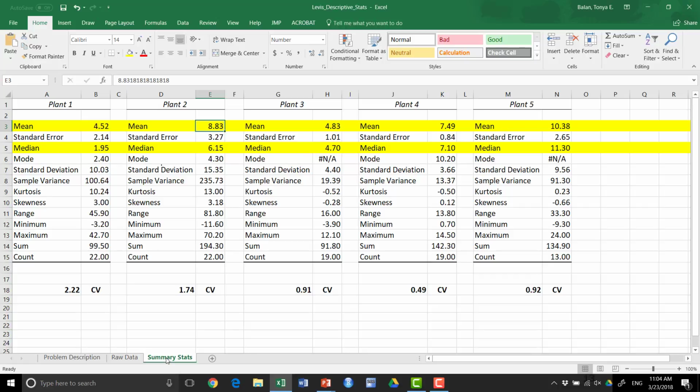We might be almost ready to write plant 5 off because plant 5 does have a very large value for average waste. Plant 4 is also relatively large. Plant 2 is not quite as obvious because of the outliers, but we can begin to start to make some choices about which plants seem to be doing the best in terms of minimizing waste and which plants seem to be a little suspect that we might want to maybe do a little bit more investigation.